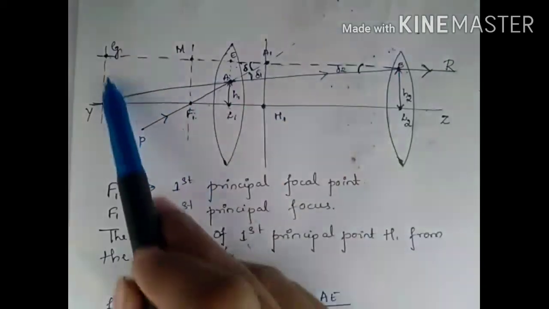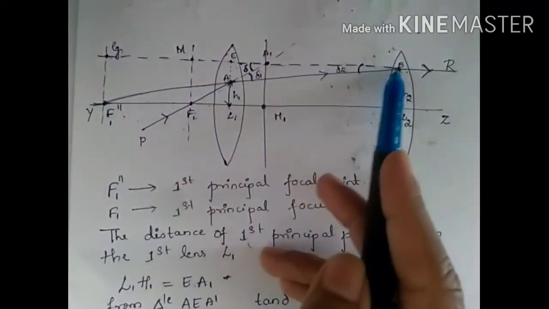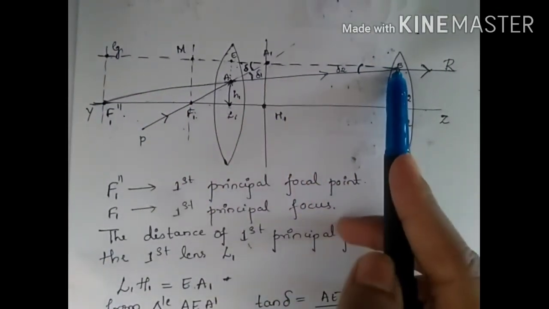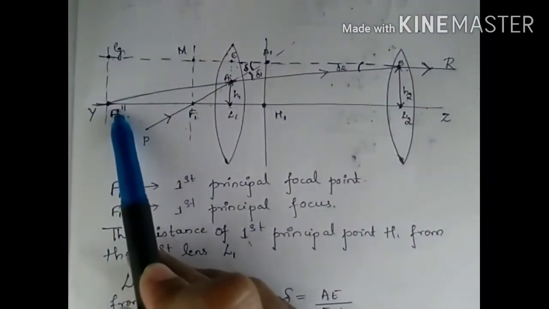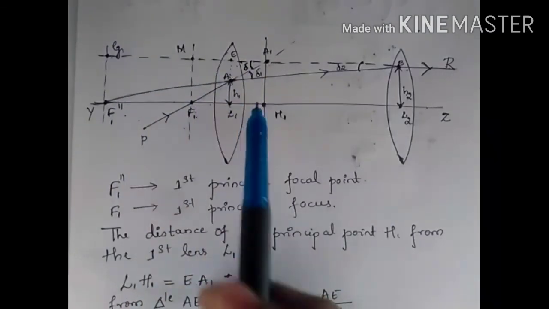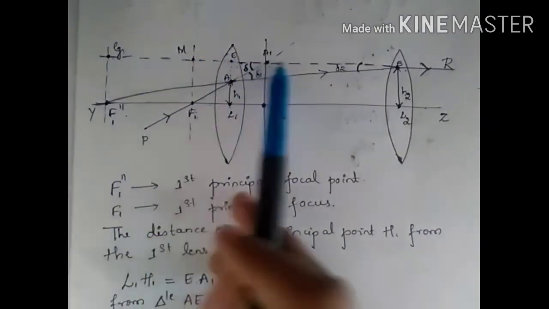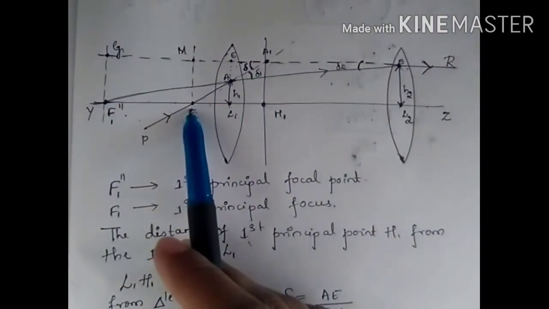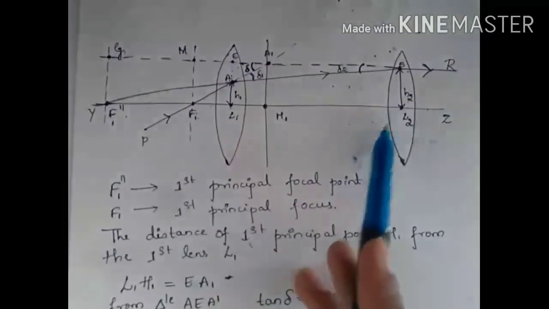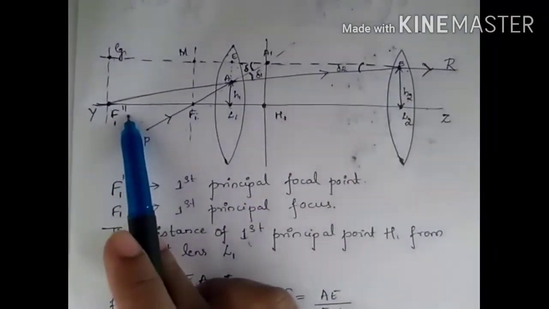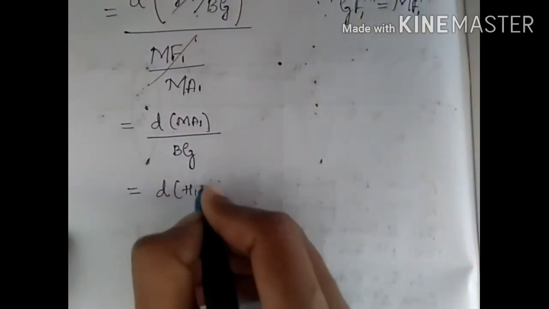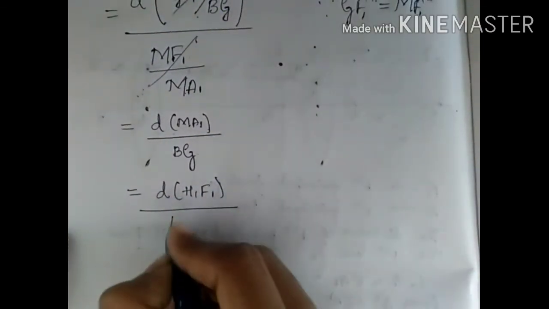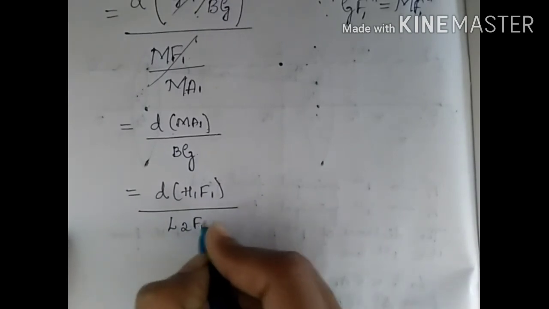So B is here and G is here. So this BG is equal to what? It is equal to L2F1 double prime. So let us substitute MA1 as H1F1 and BG as L2F1 double prime. So d H1F1 divided by L2F1 double prime.